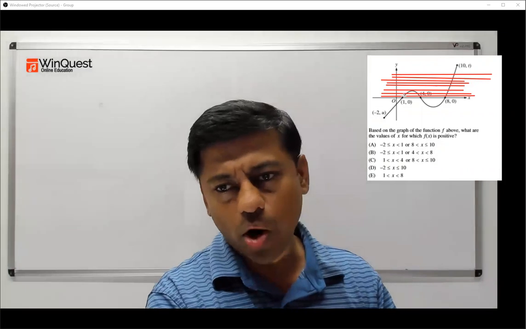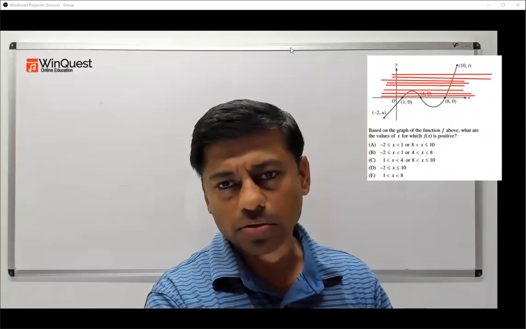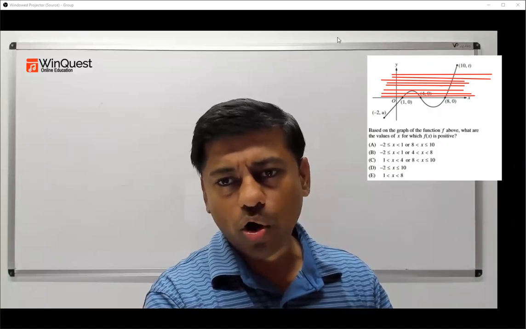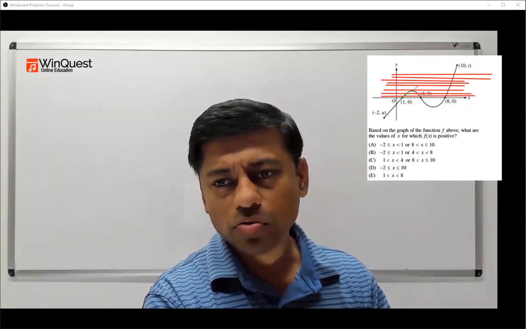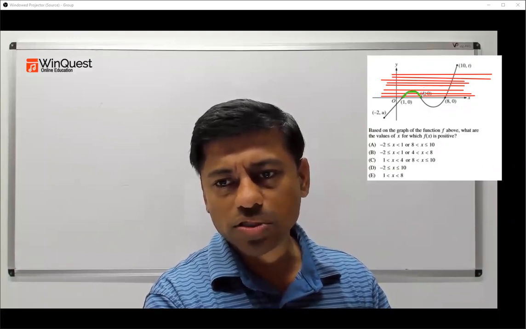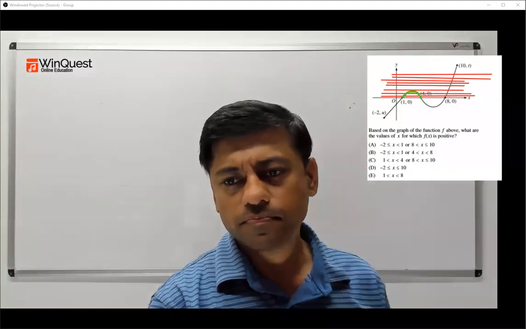Can I say this mount here is all positive representation? Yes. Okay, so for that, what is the x value? This is what I'm looking for. If you see the corresponding x values, can I say it is between 1 and 4? Yes.